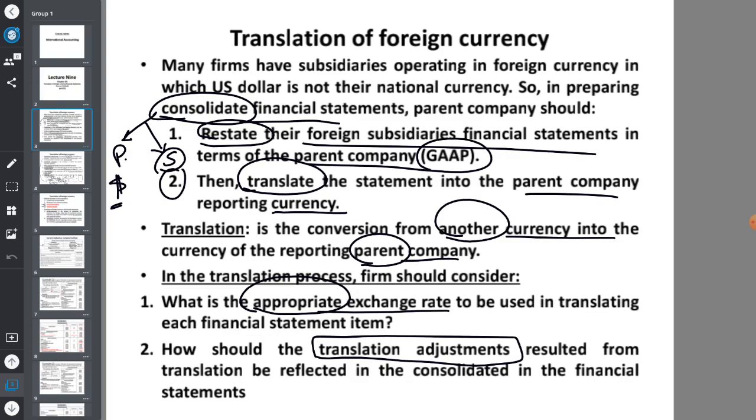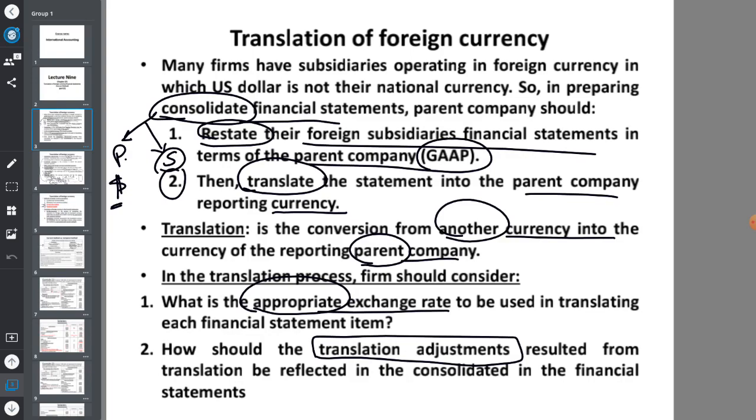Parent company is located in a country with her own domestic currency and subsidiaries are located in different countries and they have their own currency. Different currencies will need from you to make a translation adjustment. You're going to apply different exchange rate.